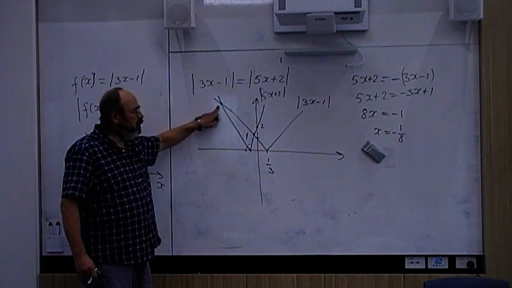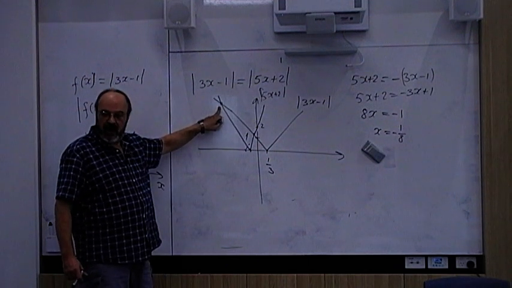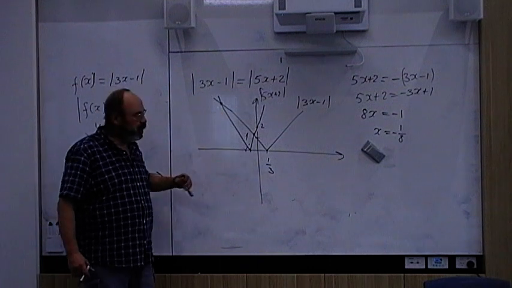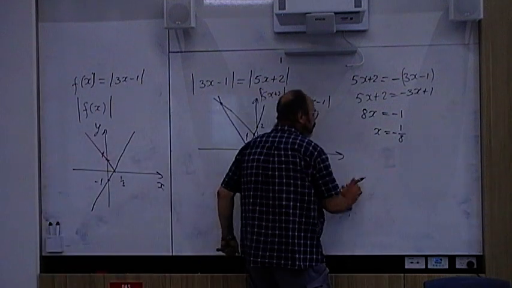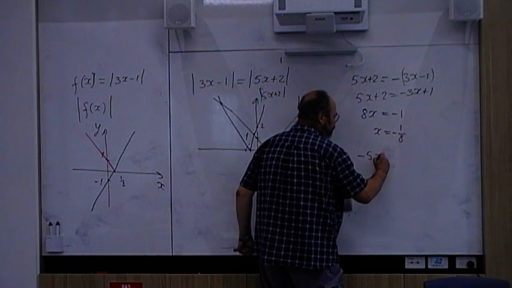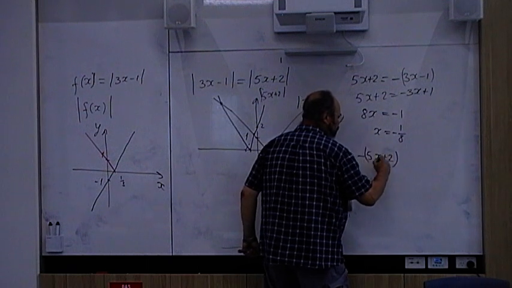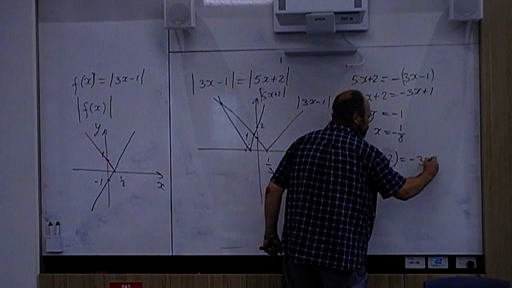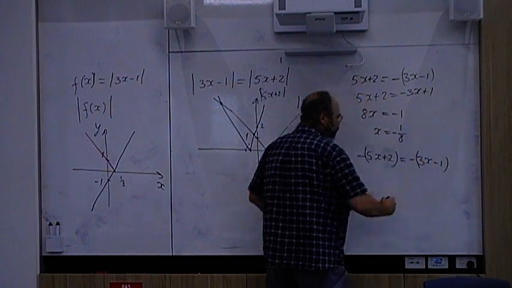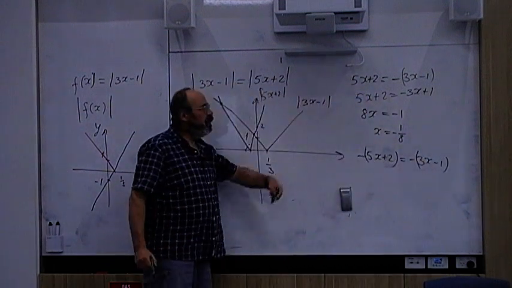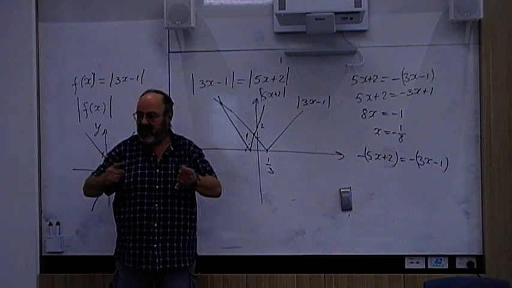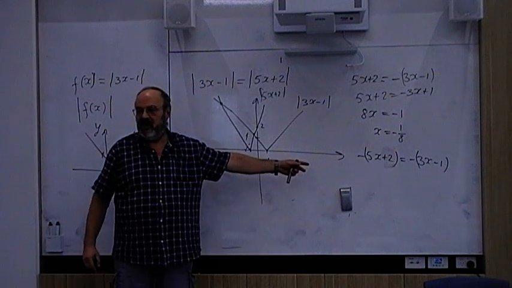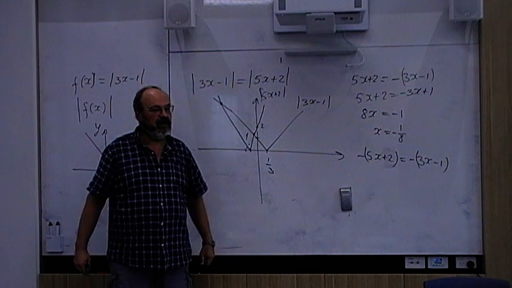Now, this point is where both branches are reflected. So we need to solve negative 5x plus 2 equal negative 3x minus 1. That's why we did this graphing. Instead of solving many equations, we narrowed it down to only this.